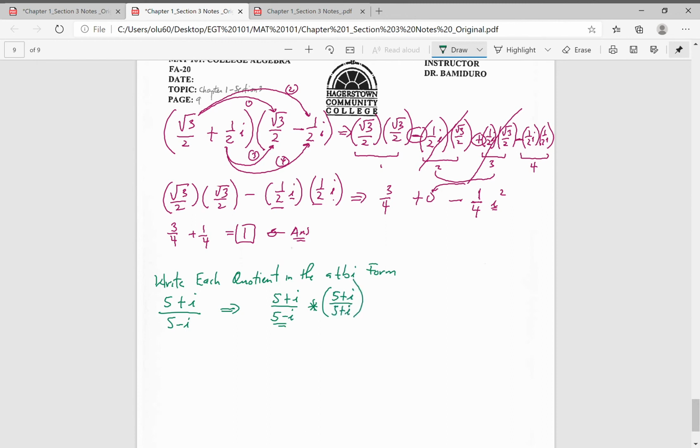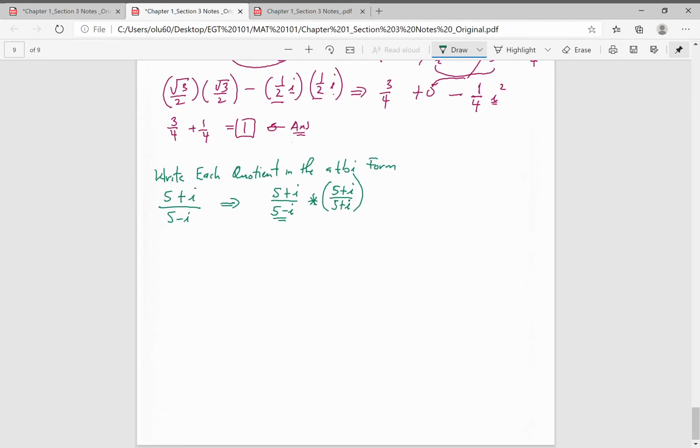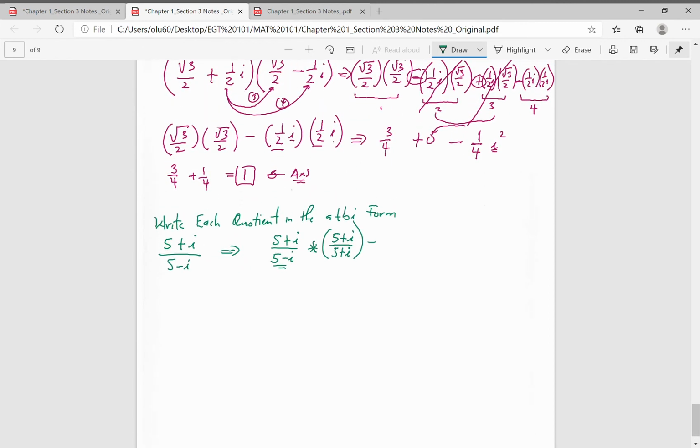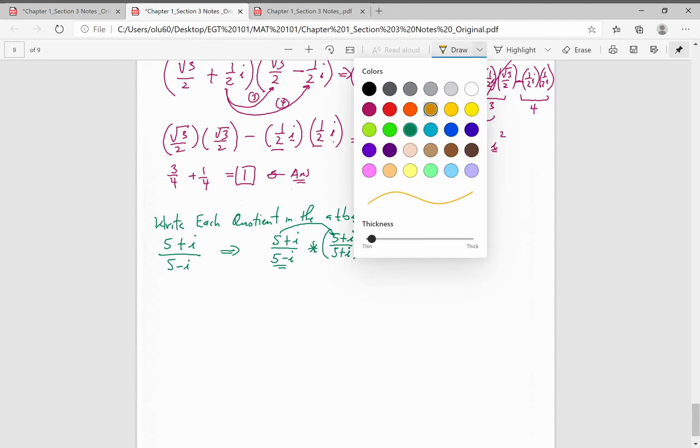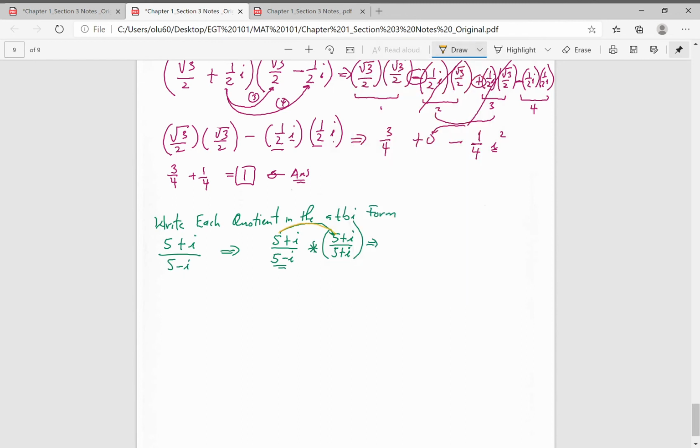Okay, then we simply use FOIL again to solve this problem.